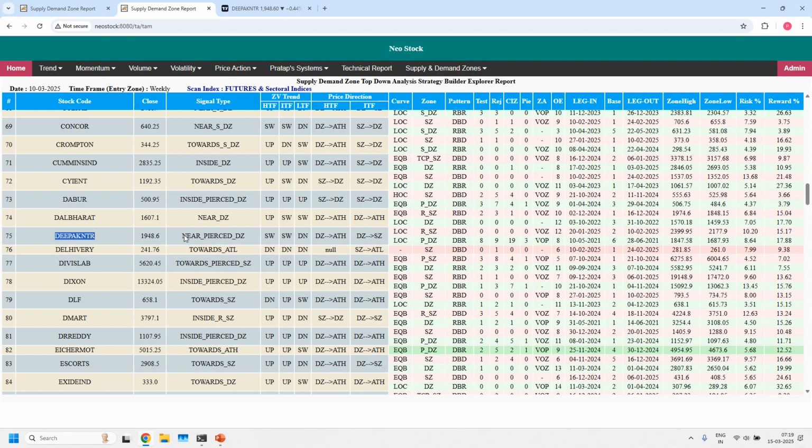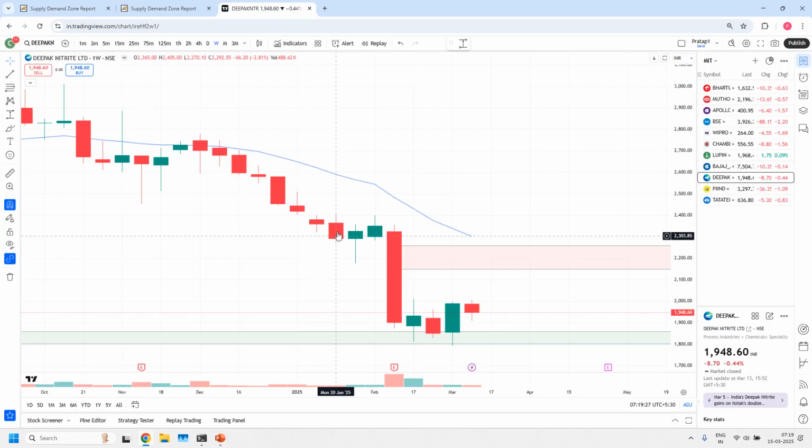The weekly zone is also a high liquidity supply zone. See here, weekly zone is also high liquidity. Inside weekly we have the daily zone. Two base candles. This is the one.